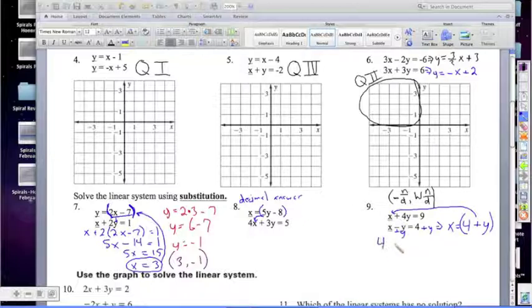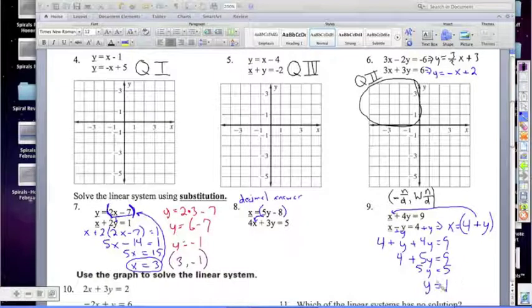Let me help you with that. 4 plus y plus 4y equals 9. Y plus 4y is going to be 5y. We'll rewrite the rest. When you subtract 4 to the other side, you'll have 5y equals 5. And when you divide by 5, you'll have y equals 1.